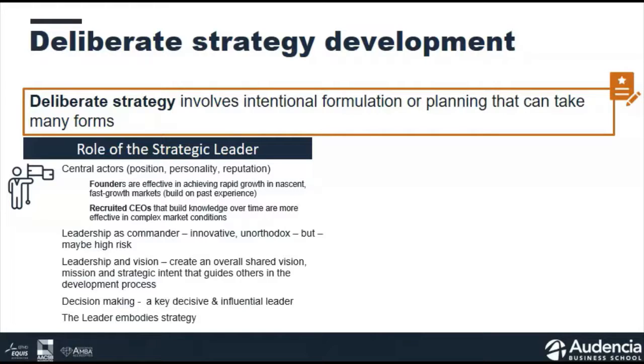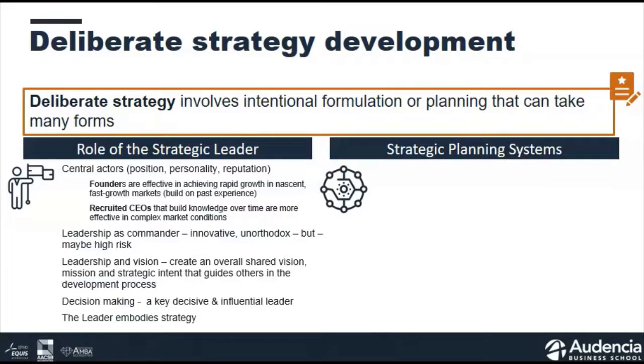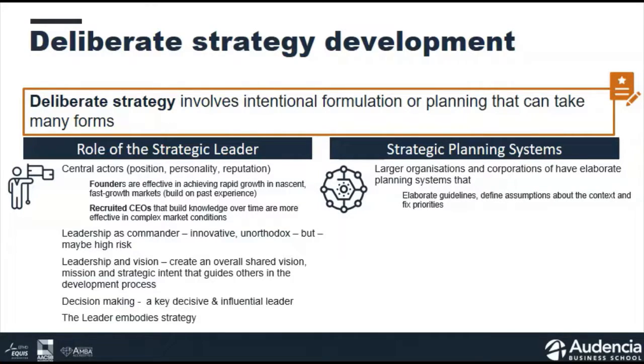Now, we can also have a key role for what we'll call planning systems, or strategic planning systems. These are basically used in large organizations and in corporations. What do these planning systems do? They elaborate guidelines.